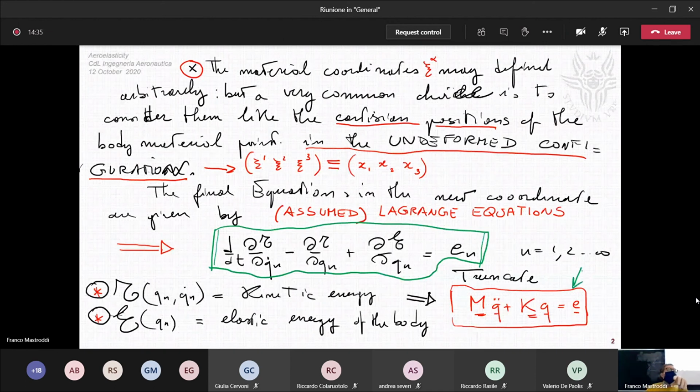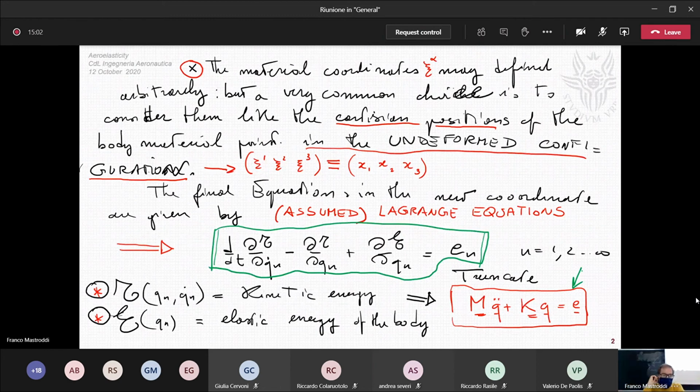Now I want to propose to you another approach, an energetic approach. So defining kinetic energy, elastic energy for the body, the energy associated to the load, and then apply a minimum of the total energy for obtaining our final equation. This is another alternate approach, but it is quite identical. Okay?